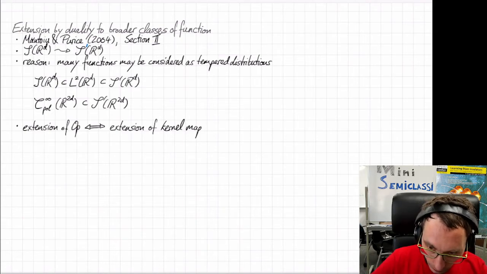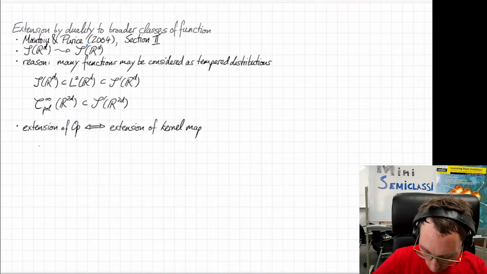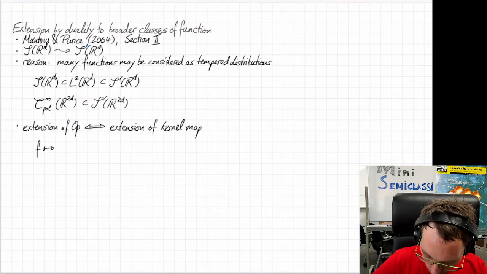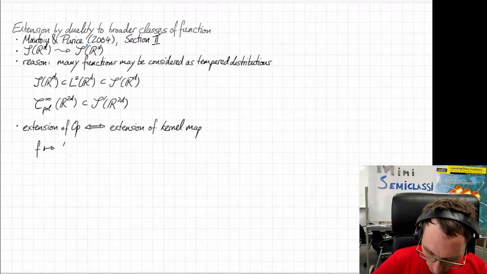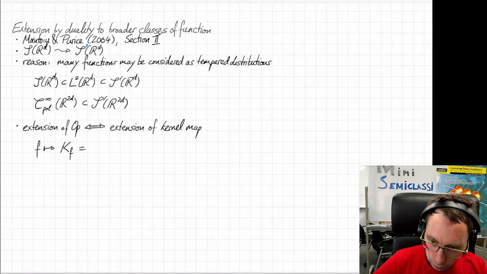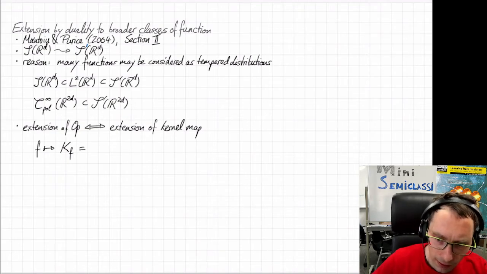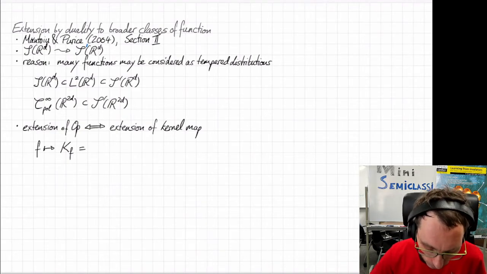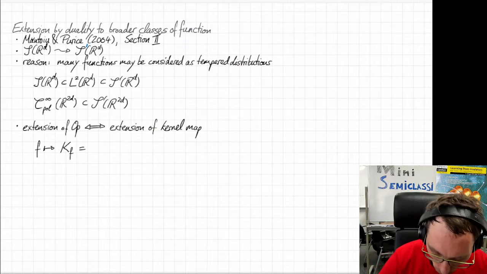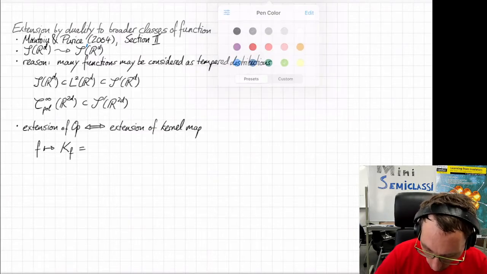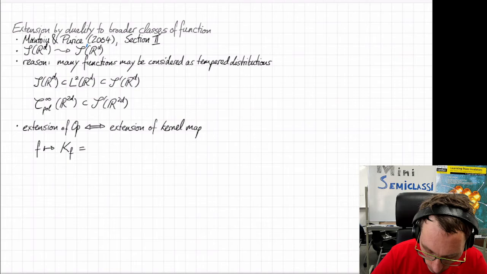Let me first write out what the kernel map is in words. The kernel map is the composition of two maps. Well, it's also multiplication by a constant, but I will just leave that out.